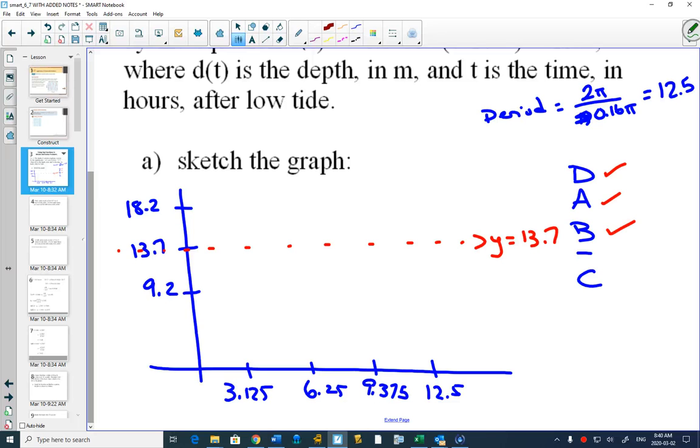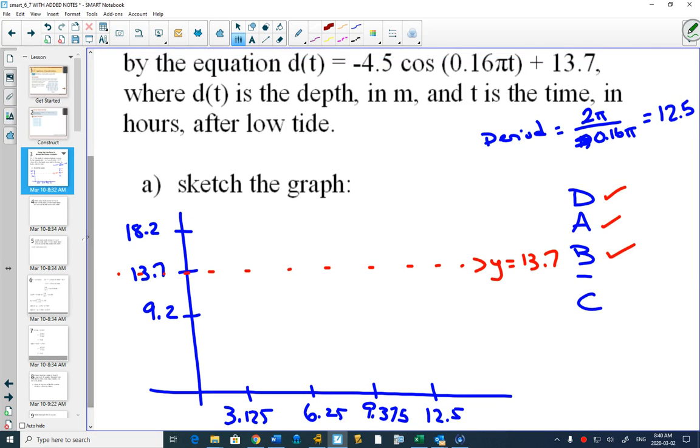Next, we temporarily draw our graph without the shift. But can you see in this one there is no shift? So the temporary part can be done because whatever the temporary one, your actual graph is going to be that in the end. It's a negative cos graph. Where does a negative cos graph start? At a minimum.